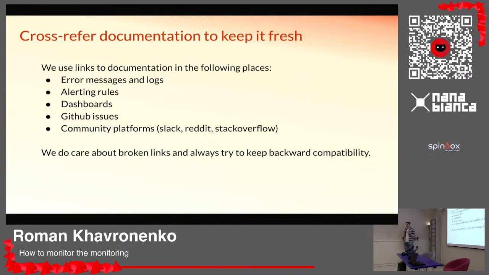And we also want to keep backward compatibility with documentation links. So if there was a Stack Overflow question answered 3 years ago and it contains a link to the docs, we need to make sure that this link still works. We do not break links, so users that find an answer on Google will be taken to Stack Overflow, and if he clicks on the link, it should work.